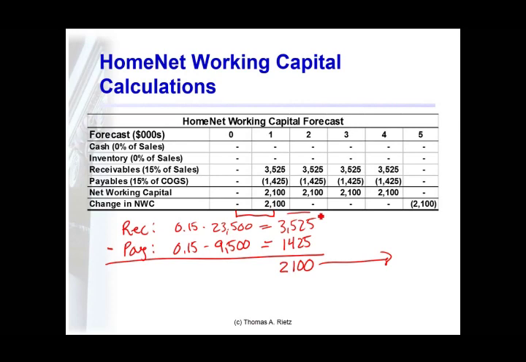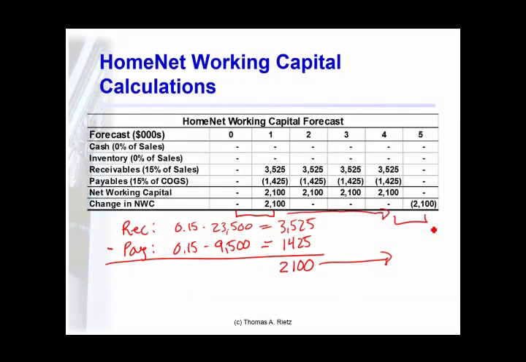Then they'll stay the same until the end, when the net working capital drops back to 0 because we pay off our accounts payable and we collect on our accounts receivable. When we have an increase in working capital, this will be a negative cash flow. And when we have a decrease in working capital at the end, it will be a positive cash flow for our company.